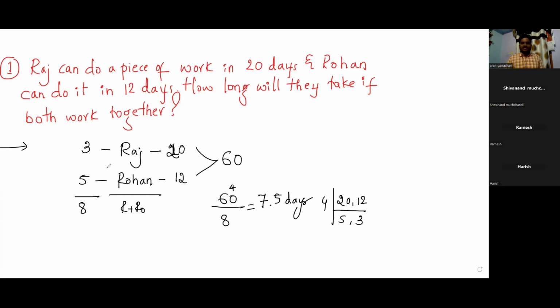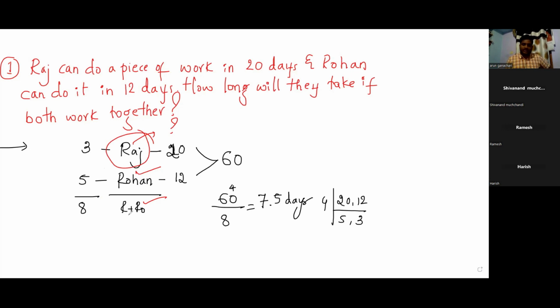Now let us say instead of giving it as Raj and Rohan, they had given only Rohan, and then Raj and Rohan together, and they are asking how many days Raj alone will take. What will you do in this case?